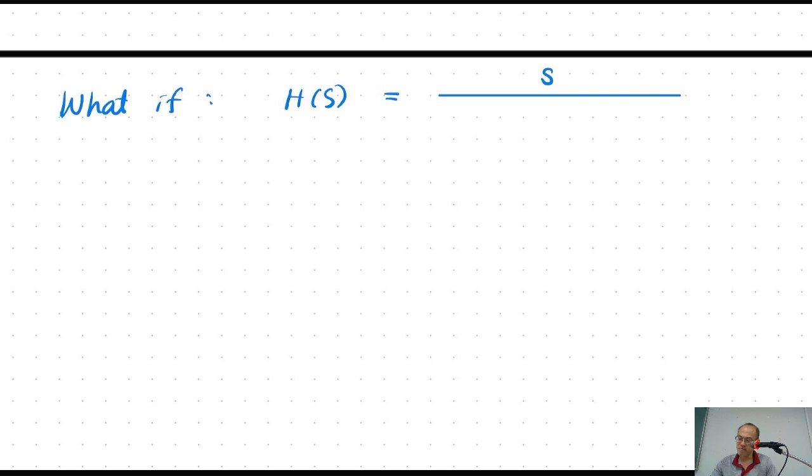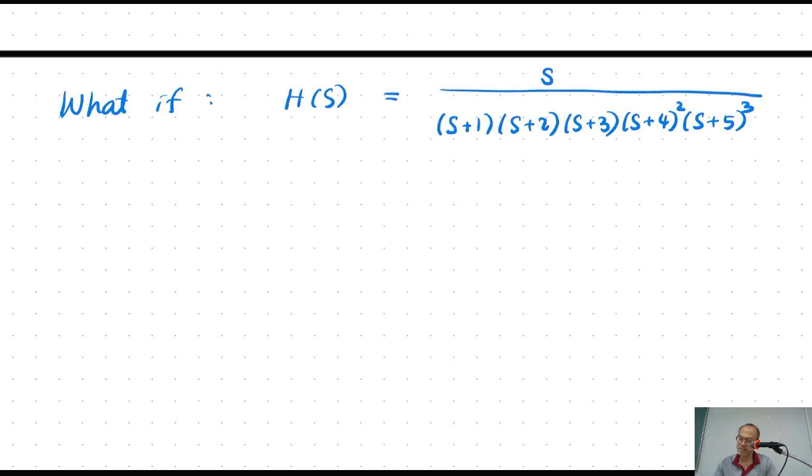Suppose we have (s plus 1), (s plus 2), (s plus 3), (s plus 4) to the second, and then (s plus 5) to the third. So how would you go about doing it, this case? I've made it unreal, actually, but to illustrate some points.